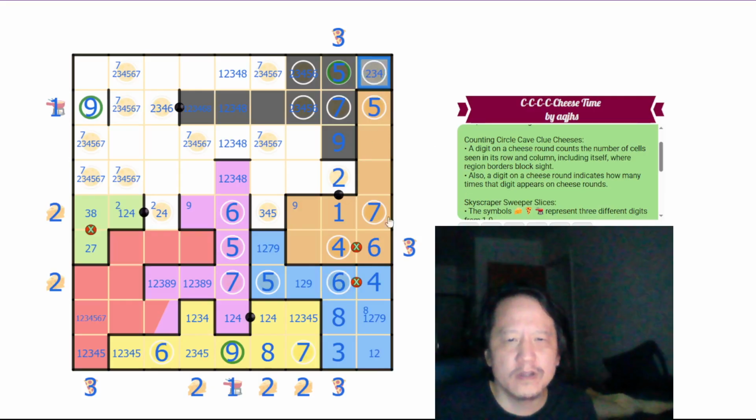No 5 here. This sees 3 cells, so this is 3. 7 eliminates 7 here. No 8. This sees 6 cells. So that's 6. This sees 1, 2, 3, 4 cells.